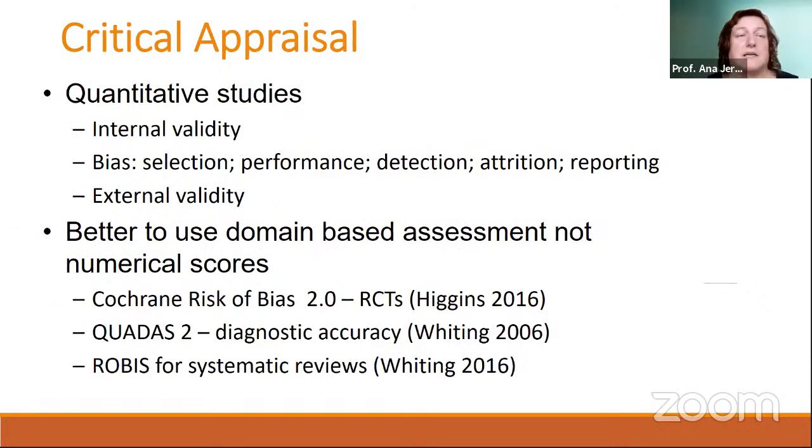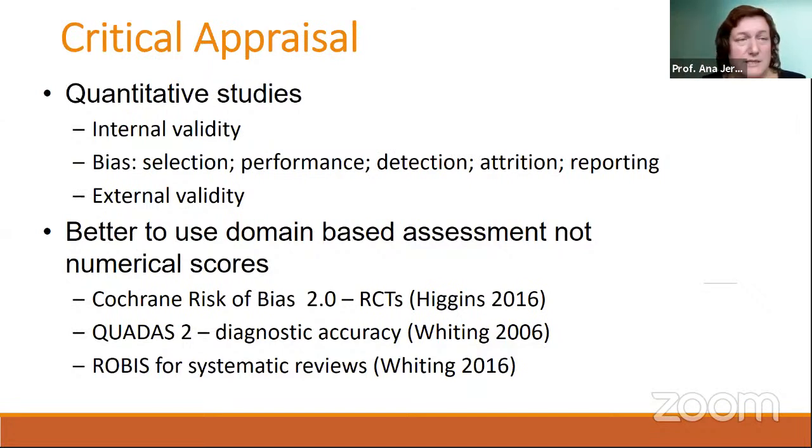So with quantitative studies, we assess internal validity of the study, bias, and external validity. Internal validity would be a situation where you perform a randomized controlled trial, but at the beginning you had a huge difference between the groups. So once you have the result, you don't know anymore whether it is due to your intervention or due to initial differences.